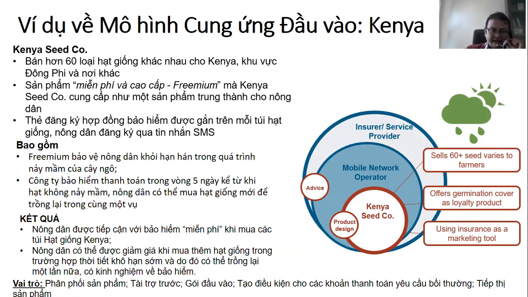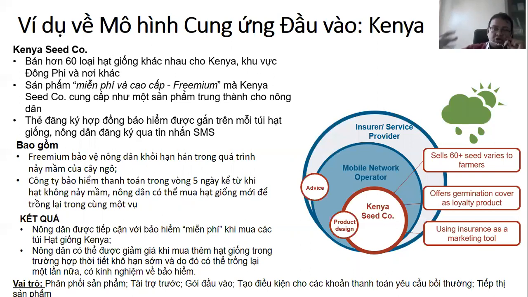Basically, in Kenya, some seed companies have been able to bundle insurance with the seeds that they are selling. In this case, they used insurance as a kind of marketing tool for selling the seeds. This has also been referred to as a freemium product sometimes, because the cost of the product is not always separately seen.